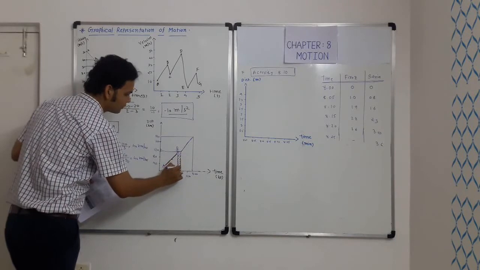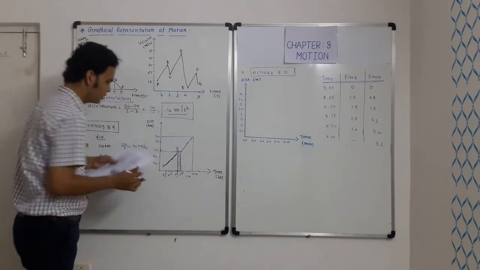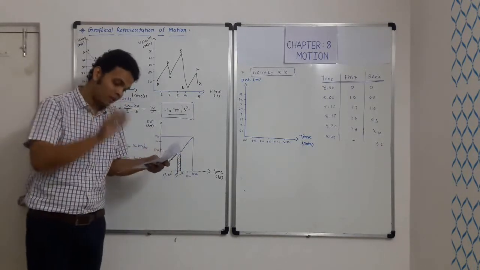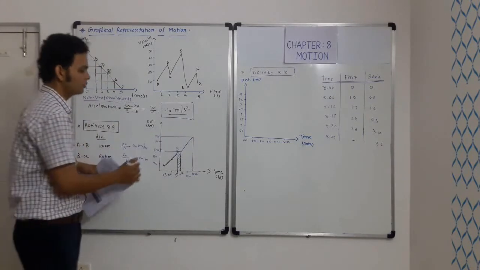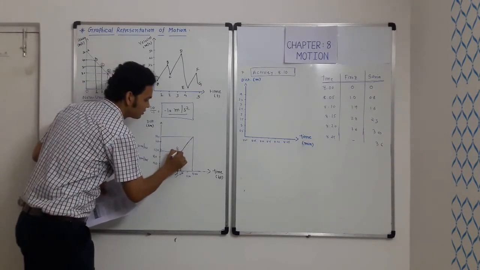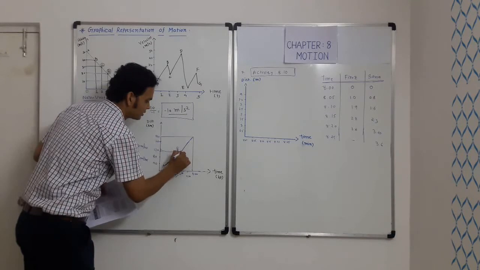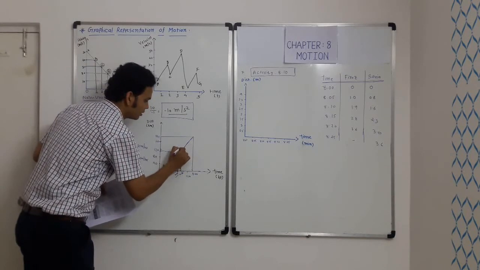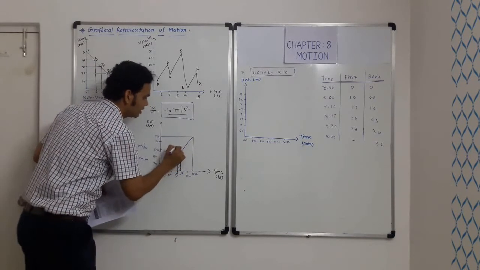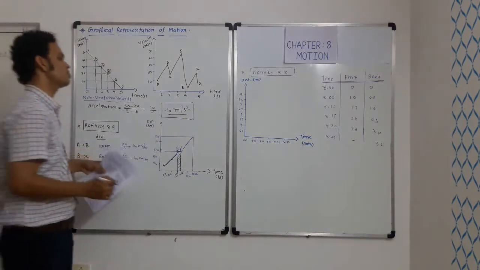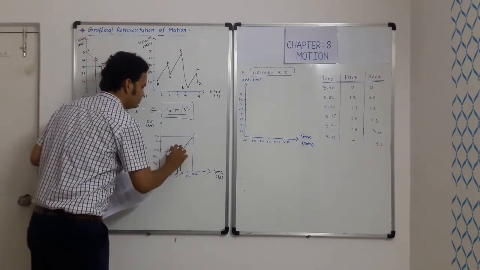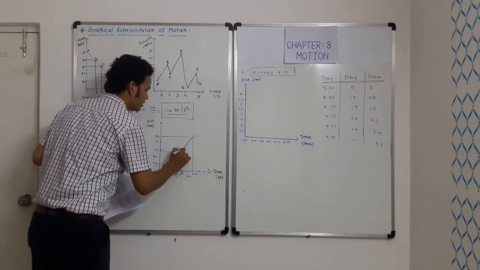From 11:15 to 11:30, the train is stagnant. It is not moving. So here I represent only a horizontal line between this B and, let's say, B dash. Actually I cannot write B dash, but let's say this is B1 and B2.